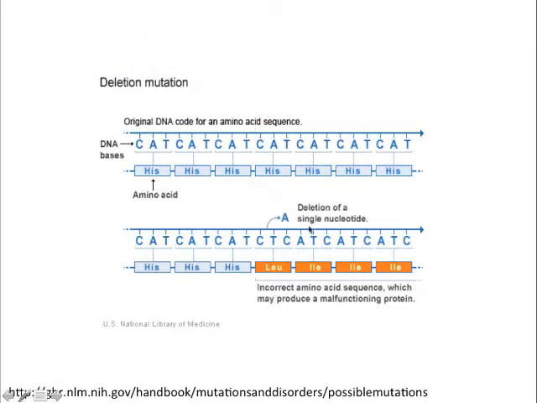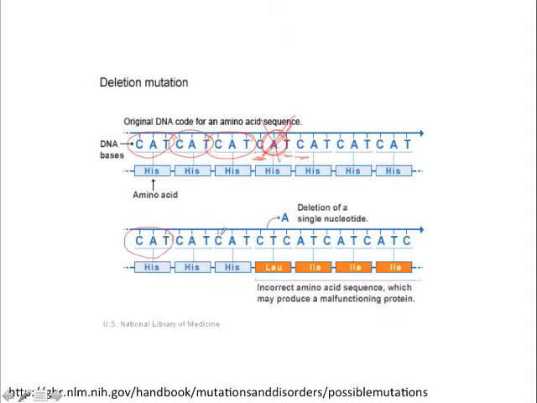One can also have a deletion. Note, a deletion causes a more significant change if it is just a point deletion. So if we take this A and we delete it, now when you're reading the protein, we had that this CAT gave us histidine, but now the A is no longer there, so now it's CTC.